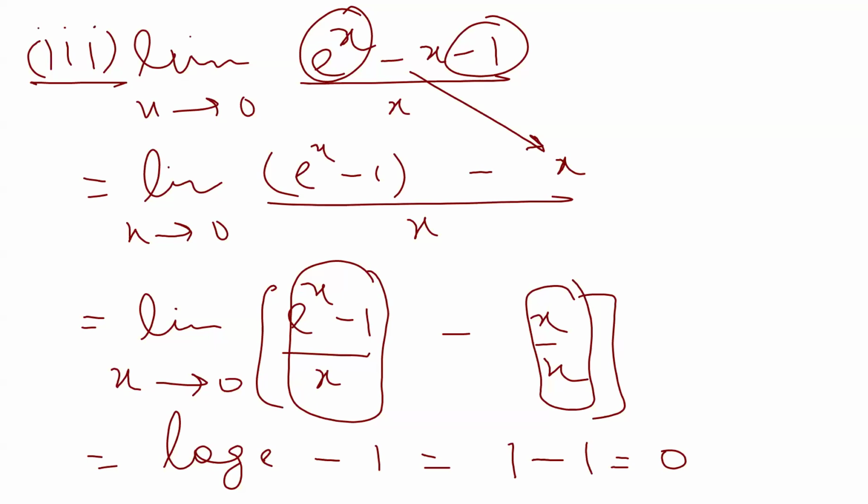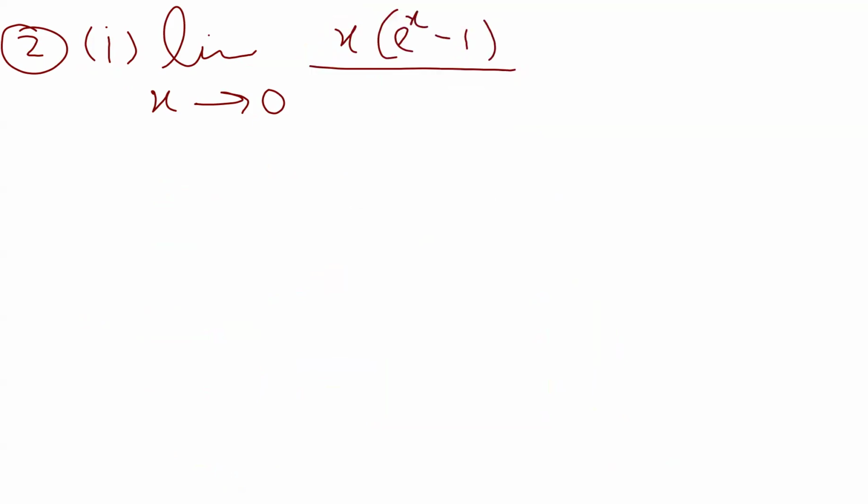Question number 2, sub question 1. Limit x approaching 0, x (e raised to x minus 1) upon 1 minus cos 2x.